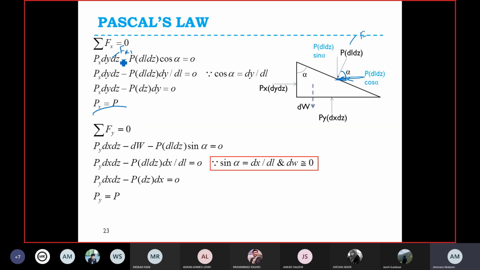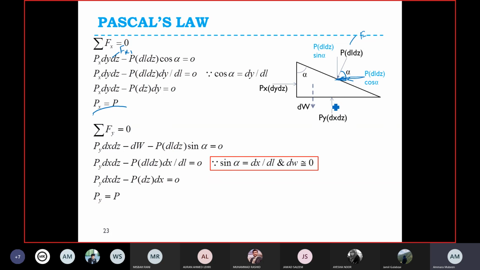The first expression for the law of equilibrium is the summation of Fx is equal to 0. Then again, using the summation of Fy is equal to 0, since the wedge shape element is in equilibrium, you can apply the second rule of equilibrium. In this summation, all the forces along the y-axis would sum to 0. How many forces are there along the y-axis?